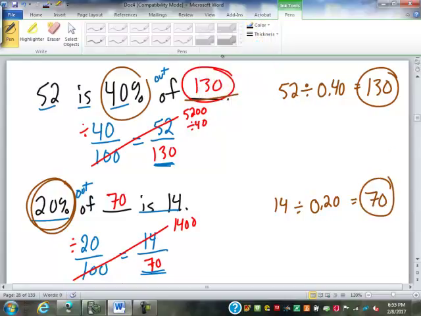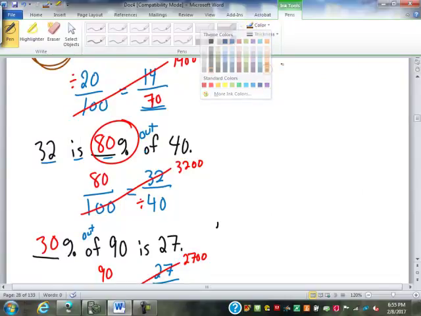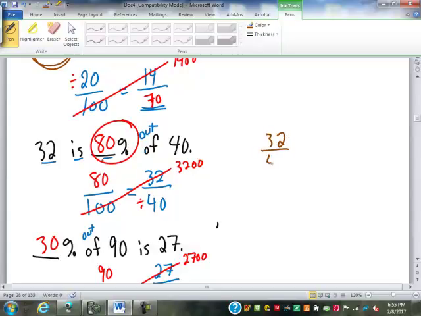So if you use the rate method for percents, you have to change a percent into a decimal, and then you have to decide, do I multiply by it or do I divide by it? Even further, you run into ones like this, where you don't have the percent. Then you have to take the numbers and figure out which one divides which one.